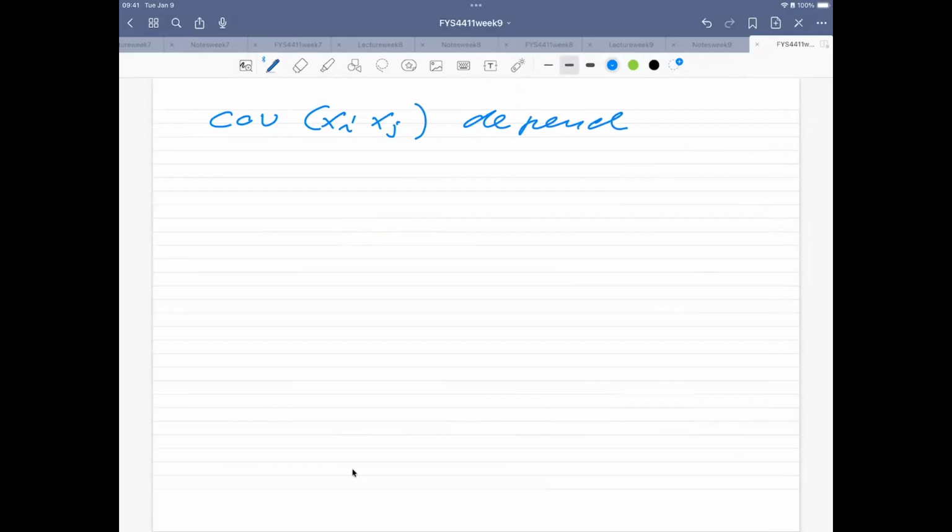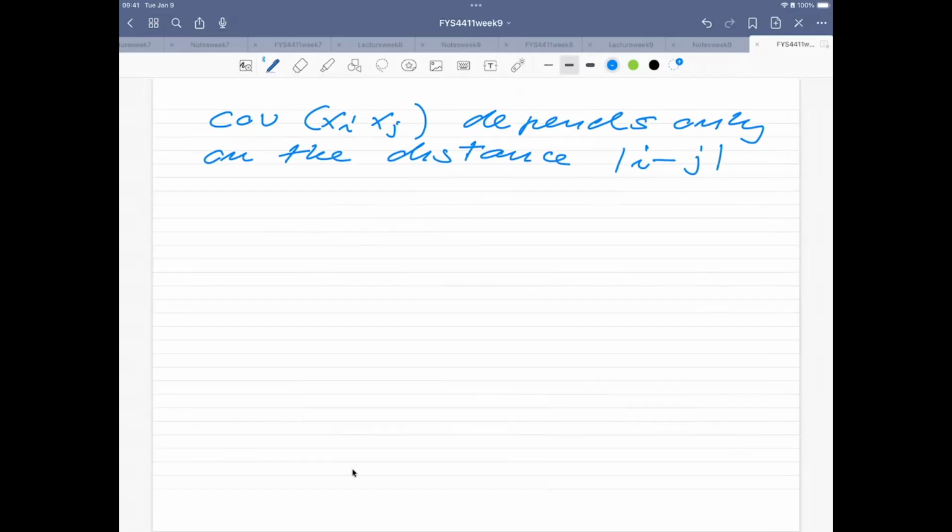And this is essentially what we've been doing when we rewrote this function f of d, and then this correlation function kappa of d. So it depends only on the distance, which is i minus j. So we have the covariance there for these two events.